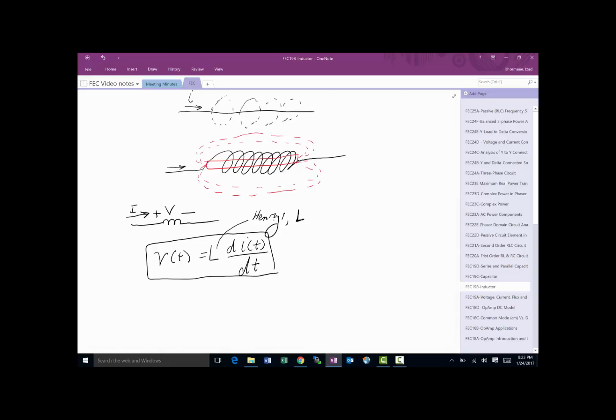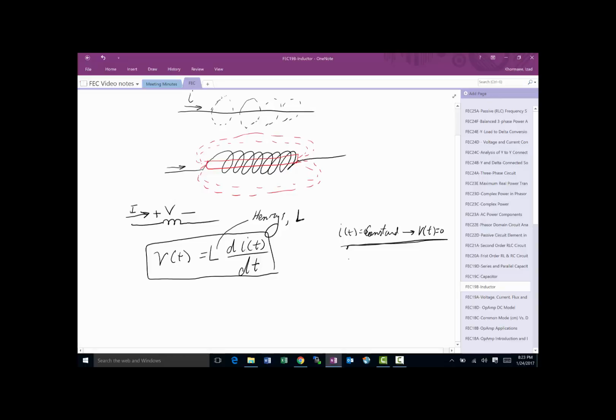A couple of things to notice: if i(t) is not changing, is constant, that means there is not going to be a voltage in the inductor. So the current in the inductor has to change in order for it to create a voltage. So this is an important concept to remember, that the voltage is dependent on the slope of the current.